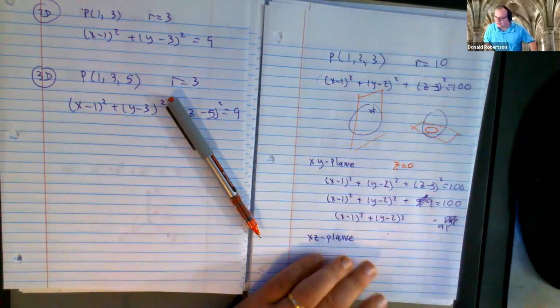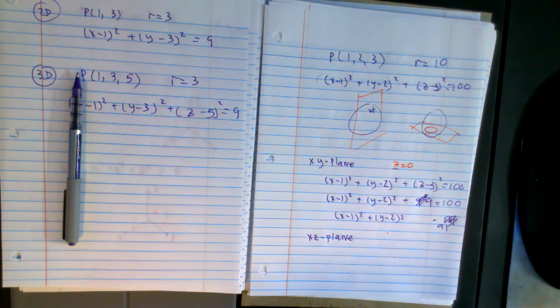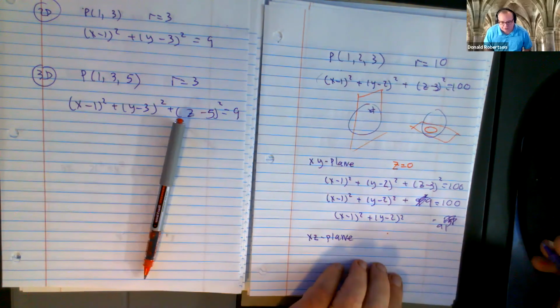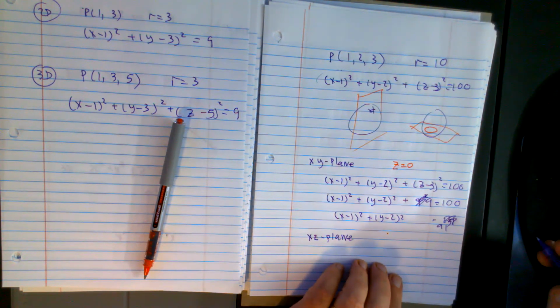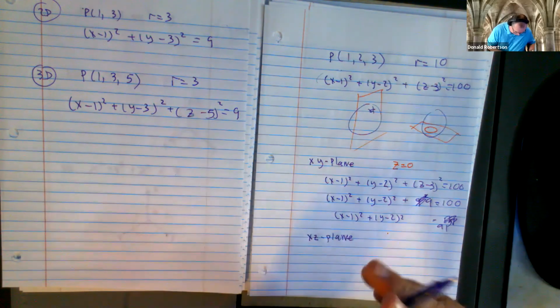There we go, fix it. Three squared is 9, and 9 away from 100 is 91. Okay, right, we're good.